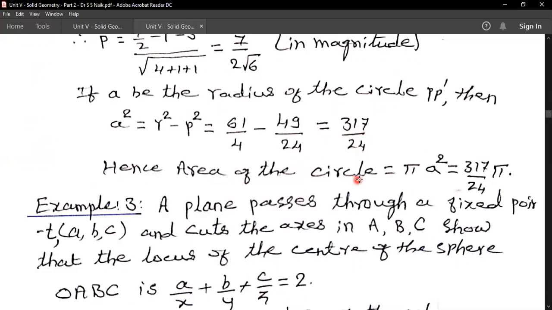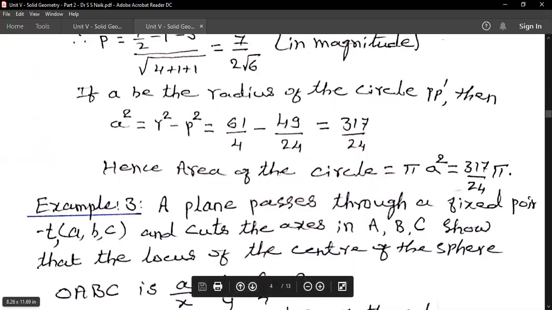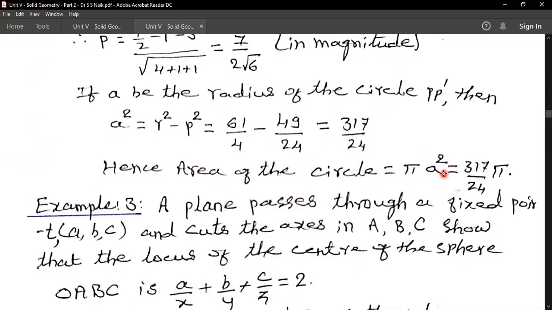Hence the area of the circle is pi A square. Now A square is known to you, 317 upon 24, so the area becomes 317 upon 24 into pi.